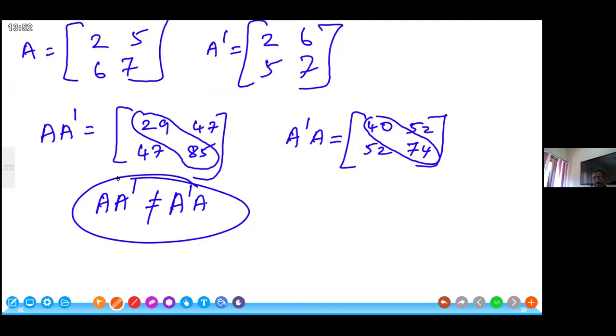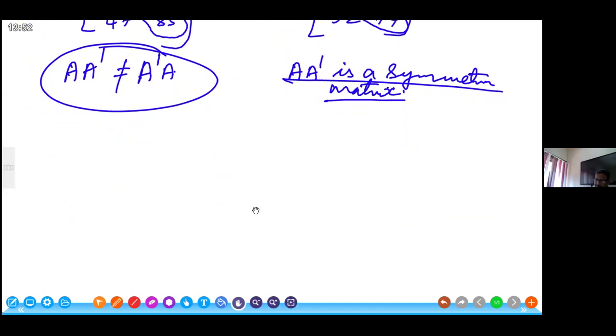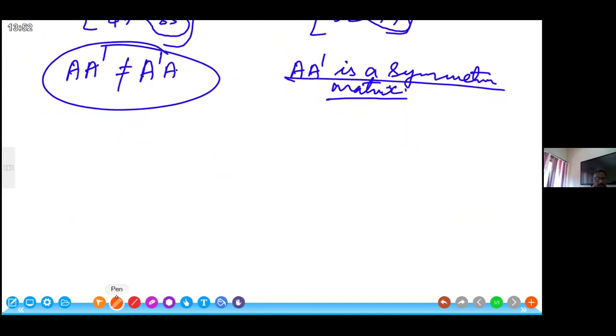However, this A into A dash is a symmetric matrix. Any questions? So that is called a symmetric matrix.